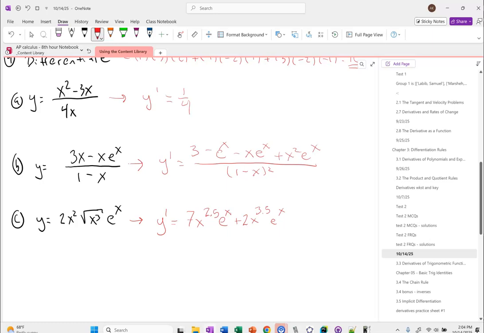So x squared times the square root of x cubed is x to the 3.5. Okay. So when I do the derivative of 2x to the 3.5, I get 7x to the 2.5 times the e to the x plus 2x to the 3.5 times the derivative of e to the x, which is just e to the x. That's how I get the second term.